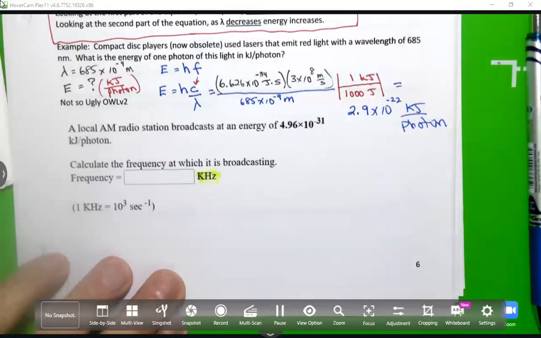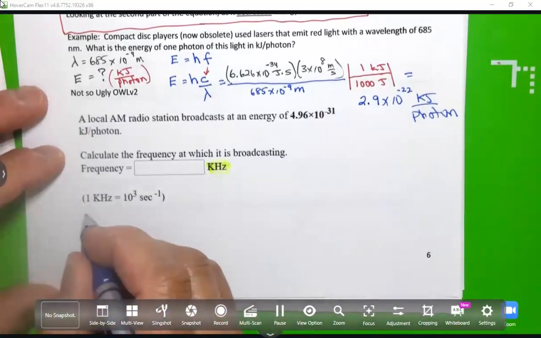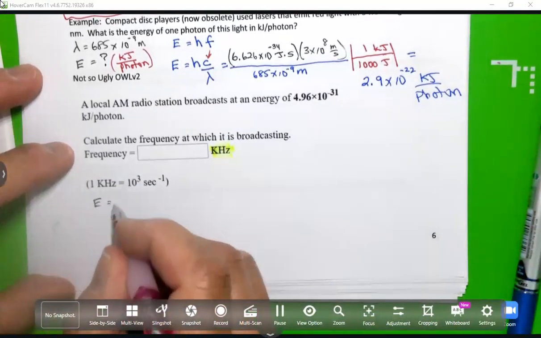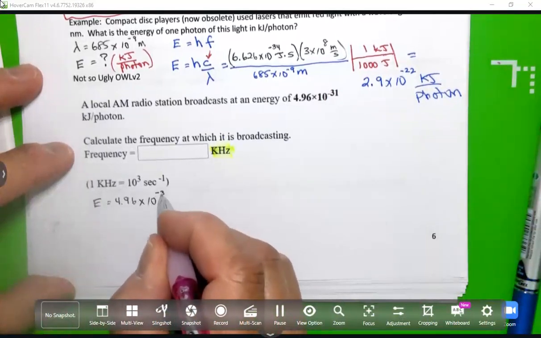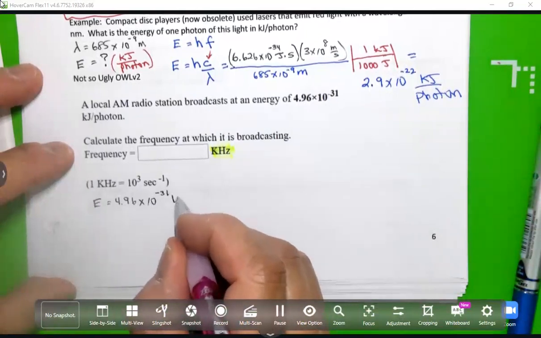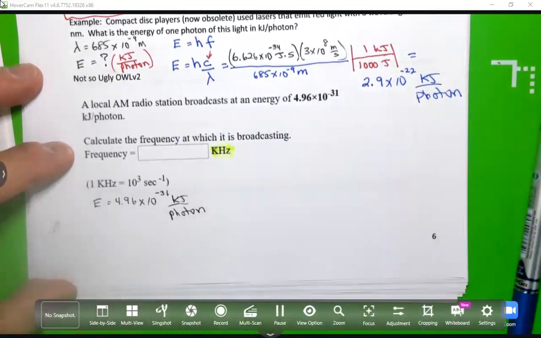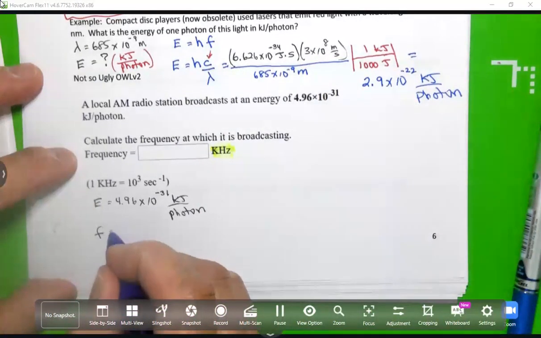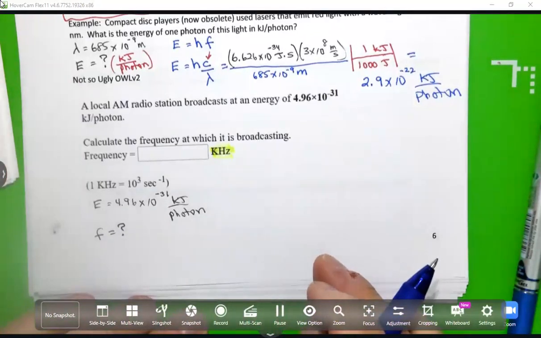All right. So let's see here. We've got our energy of 4.96 times 10 to the minus 31 kilojoules per photon. We're looking for our frequency.